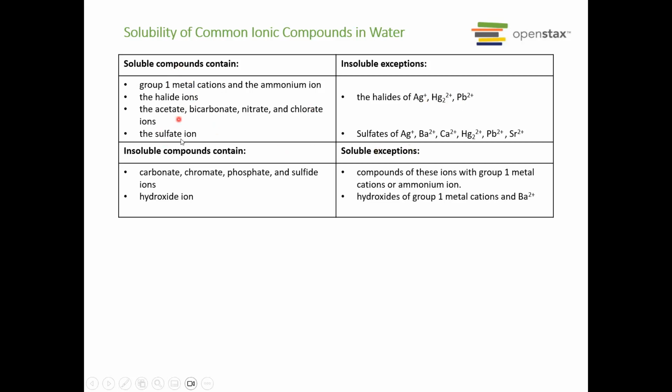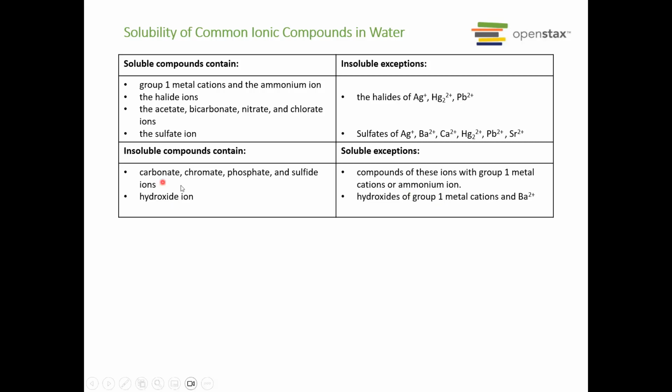This stuff up here in the top left is going to be stuff that'll typically dissolve, except for a couple of these exceptions. And then the stuff at the bottom here, stuff that typically won't dissolve, except for when we take them and combine them with these. So like the hydroxide ion, we're going to talk about when we look at bases, but the hydroxide ion typically going to have very, very low solubility, except for if we put it with a group 1 metal or barium.